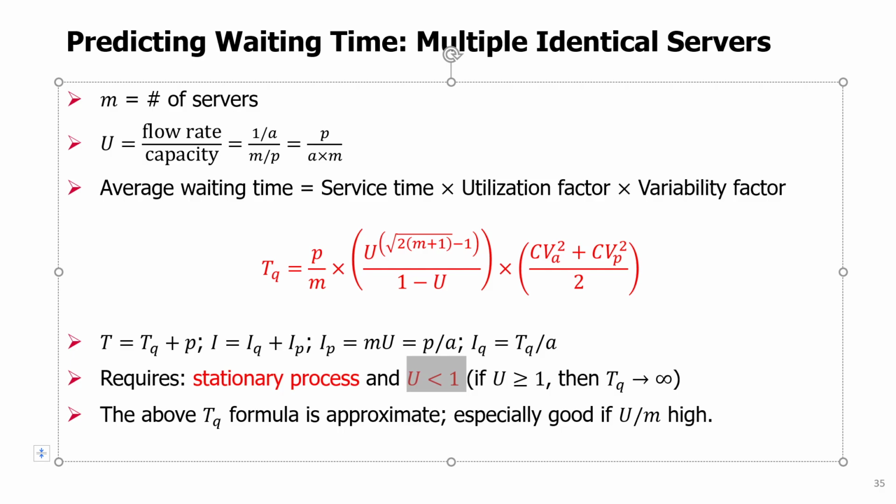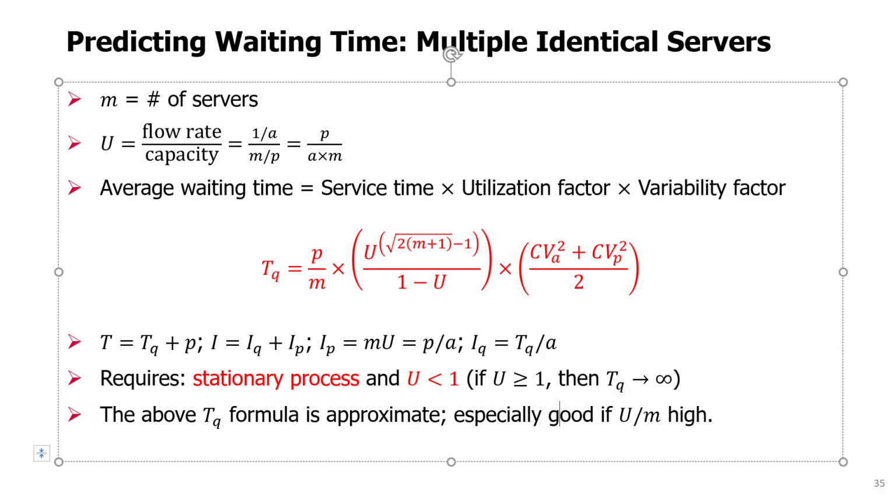In fact, if U is 1, there will be a division by 0 here. 1 minus 1 will be 0. And if implied utilization was more than 1, then this model would actually give us a negative average waiting time, which wouldn't make sense. The model doesn't work for implied utilization more than 1. We know without the model that the average waiting time would be infinity.